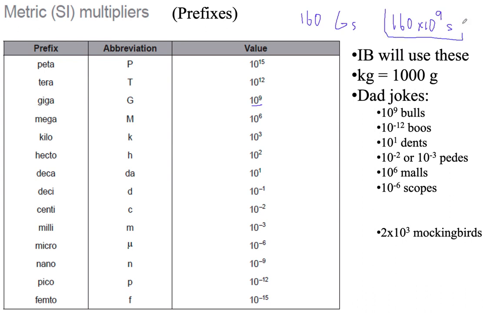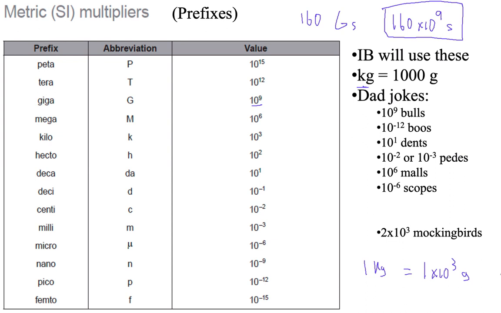That'd be a lot of seconds. And of course, one of our base units, the kilogram, the kilo is a kilo. So 1 kilogram is 1 times 10 to the 3rd grams. Literally, that's what it means.